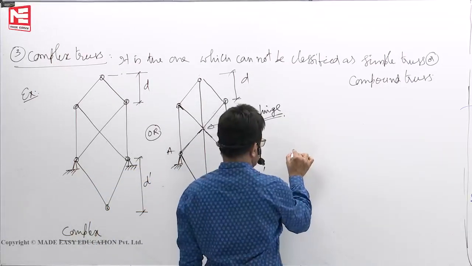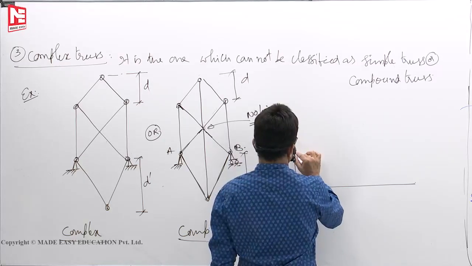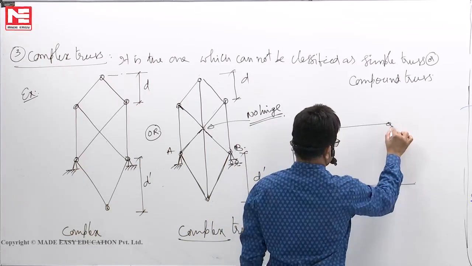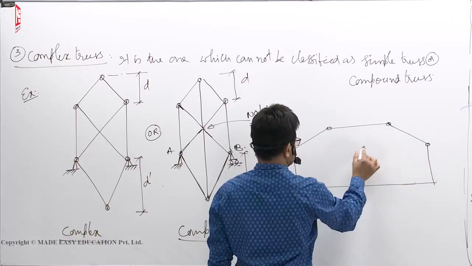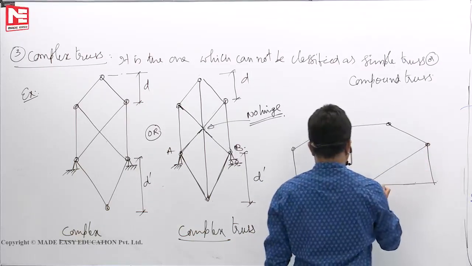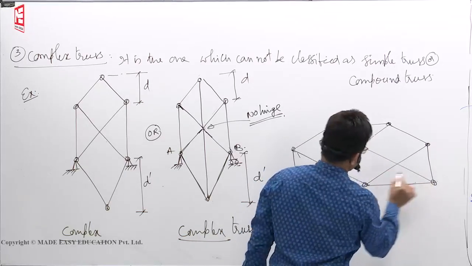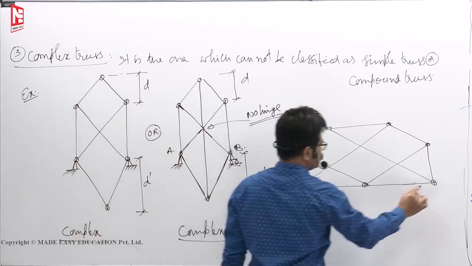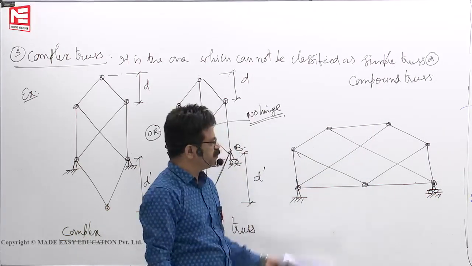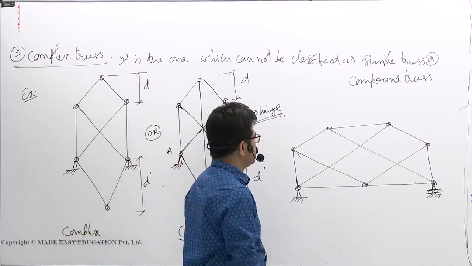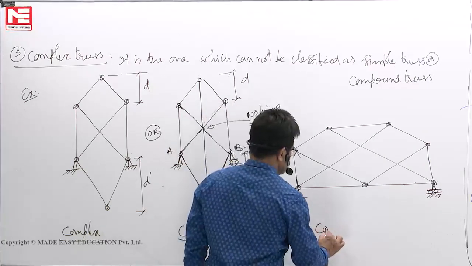Another complex truss I have given you earlier was like this. This is also a complex truss. m is equal to 2j minus 3 satisfies, but no triangles will form. So this way you connect it, let us say, then it will become complex.